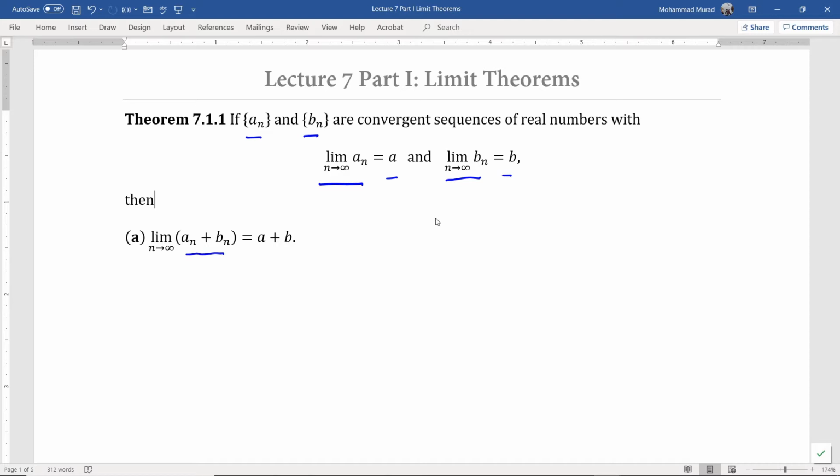In other words, the limit of the sum of the sequences equals the sum of their limits.